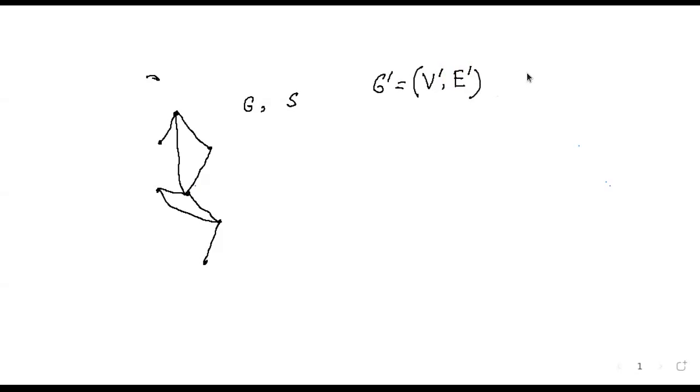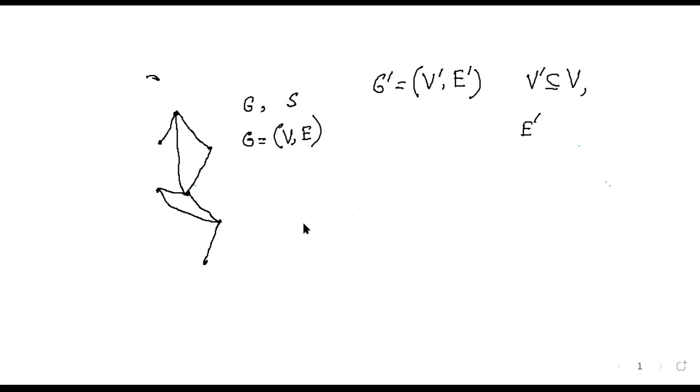Note that even though V prime is a subset of V, E prime may not necessarily be contained in E. That is, E prime may contain edges which are not in E, where G is (V, E). Also, I cannot see the chat while I'm looking at the screen, so if possible, please unmute yourself and feel free to interject.